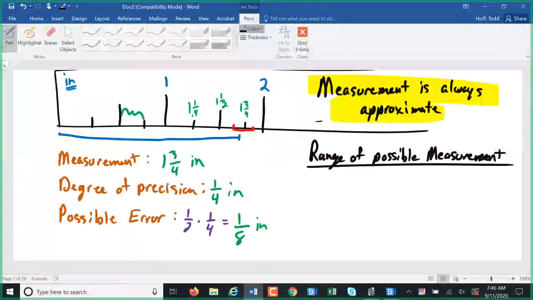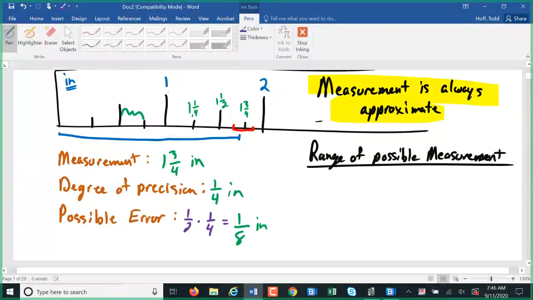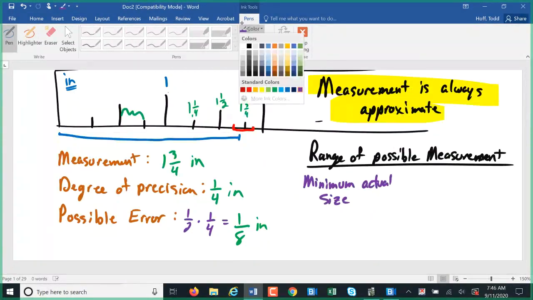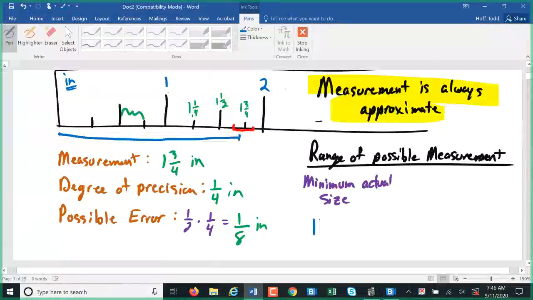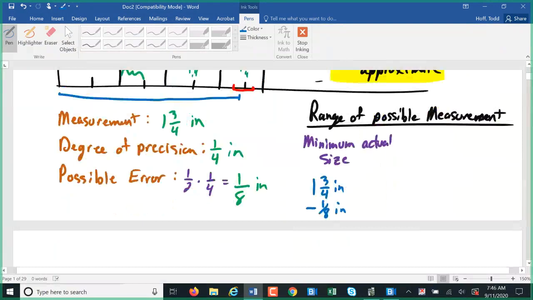So there's a range of possible measurement here. From our measurement, the smallest it can be, or the minimum actual size, is the measurement, 1 3/4 inches, minus the error of 1/8 inch, which gives us a minimum size of 1 5/8 inches.